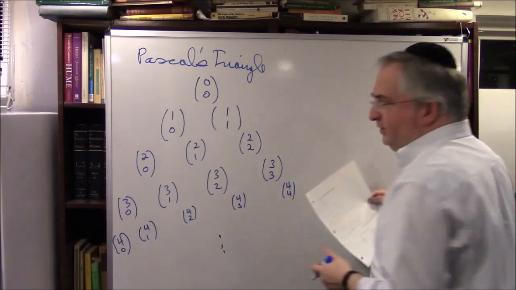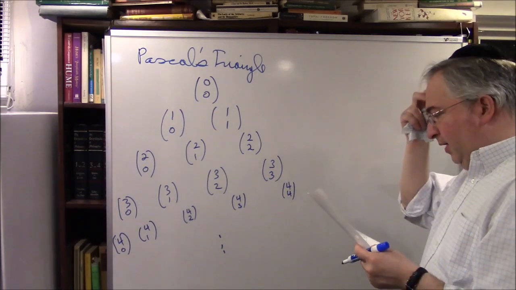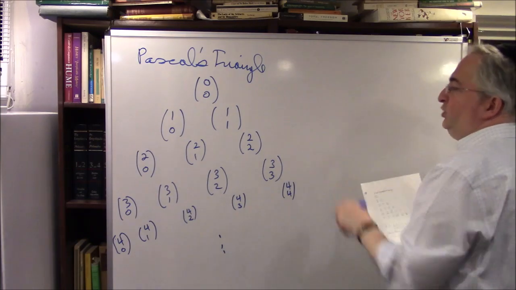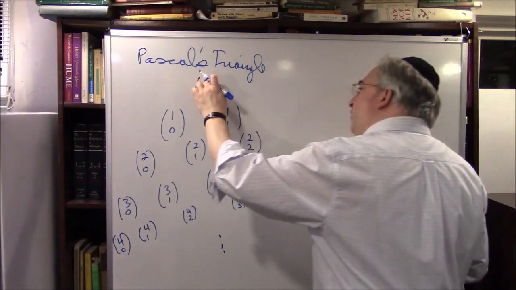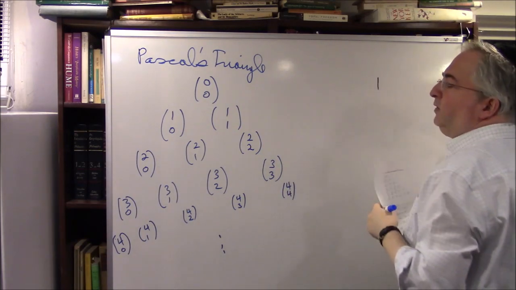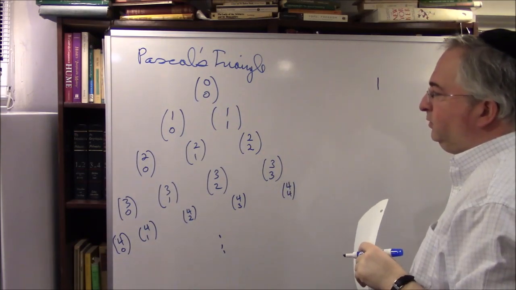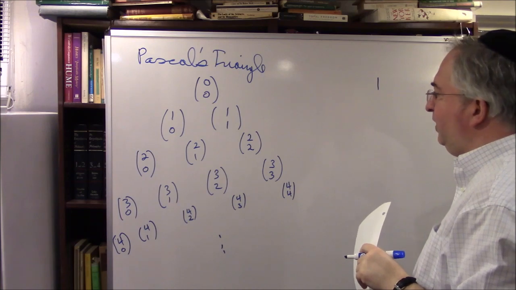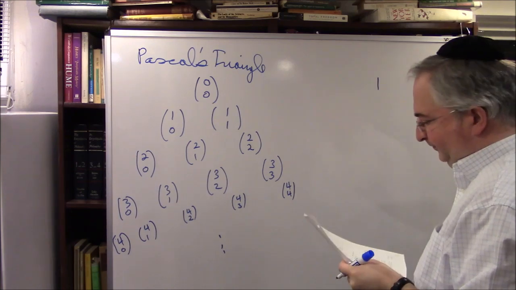Dot, dot, dot. And this goes on. But the thing is, using that trick, we can write it. If you have 0 balls and you choose 0, how many do you have? You have 1.